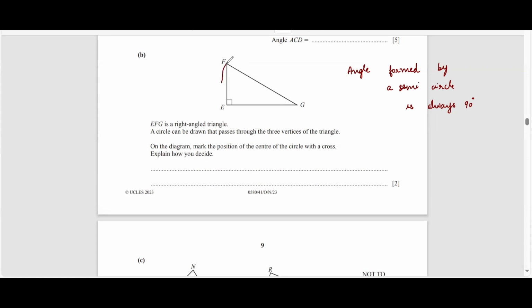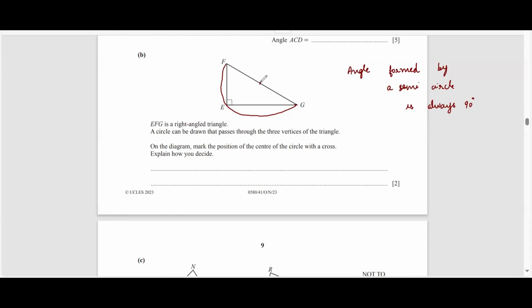If we draw a semicircle on FG, then it forms an angle of 90 degrees. Angle formed by a semicircle or angle formed by a diameter is always 90 degrees. So if we are getting an angle of 90 degrees at E, that means FG should be the diameter.